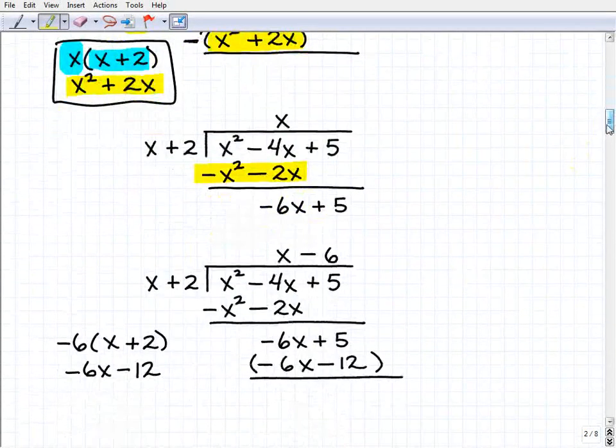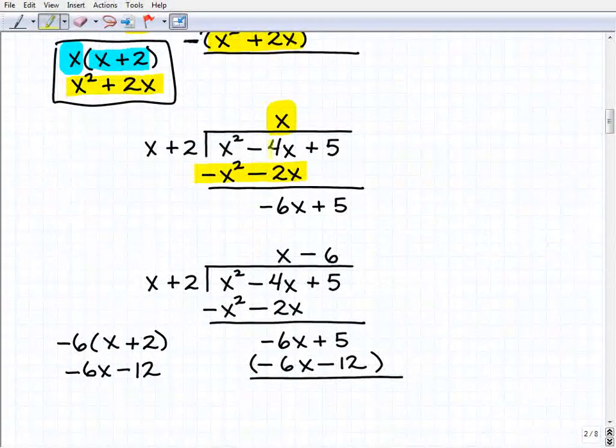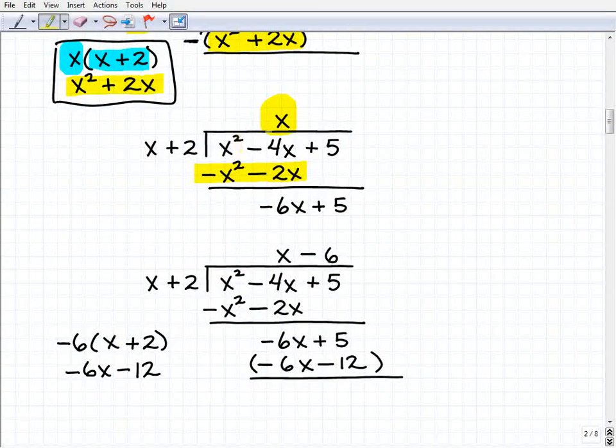So here you know why we got that x. This is where we're at so far in our long division process. That was the x we needed to get to x squared. And now we're subtracting this x squared plus 2x, and you know why we got that, from x squared minus 4x plus 5.